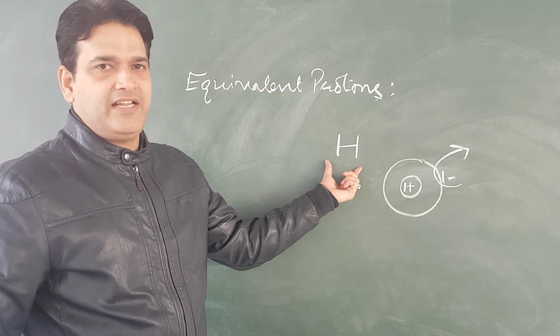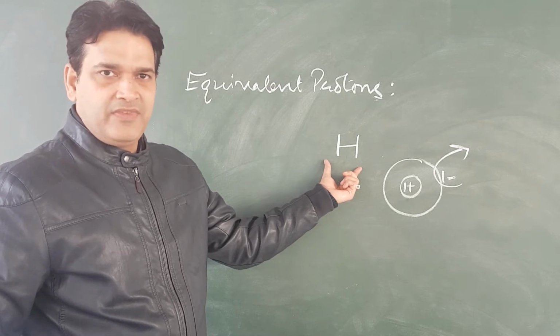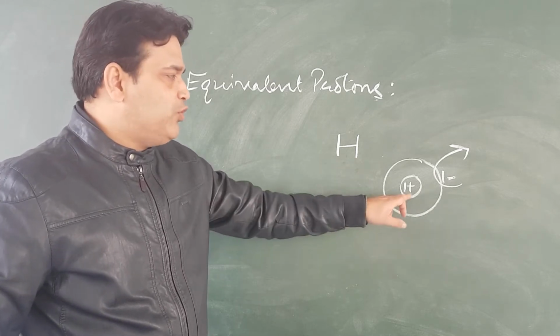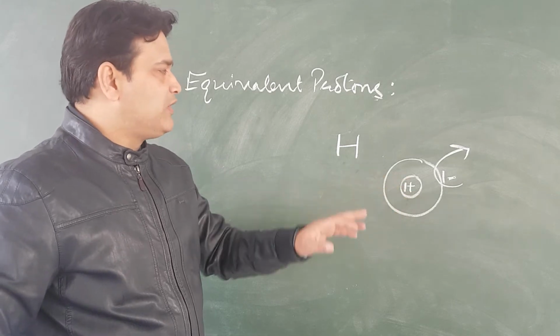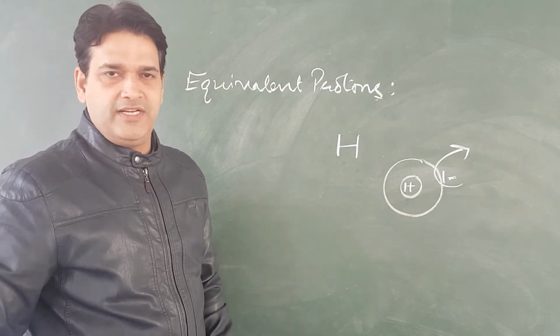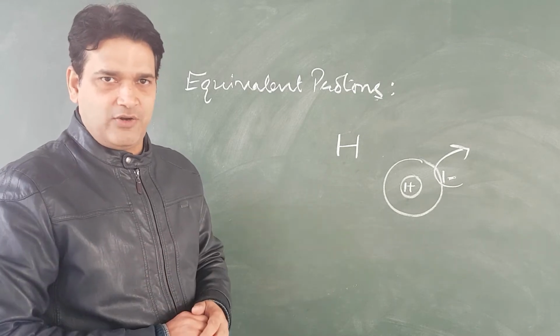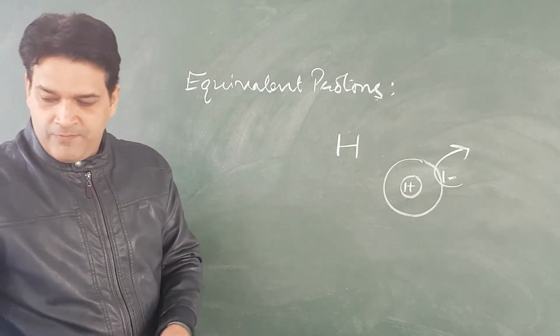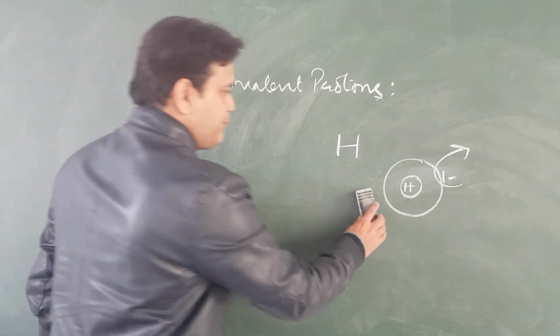In NMR spectroscopy, we deal with the nucleus, and in the nucleus of the H atom there is only one proton, nothing else, no neutron at all.